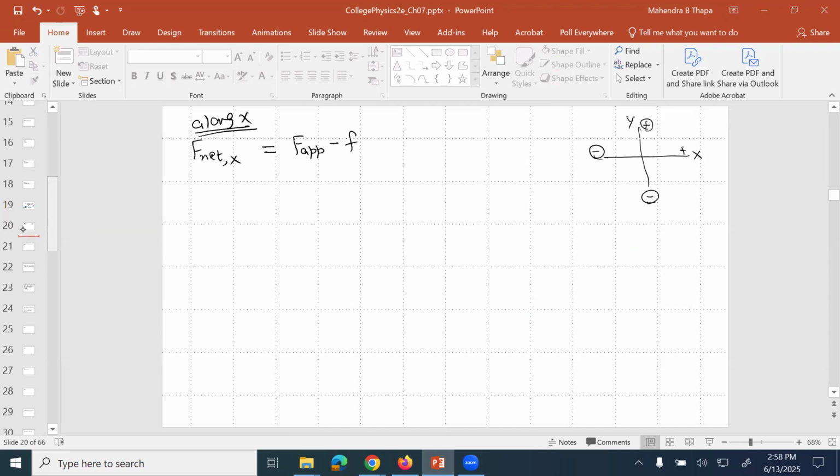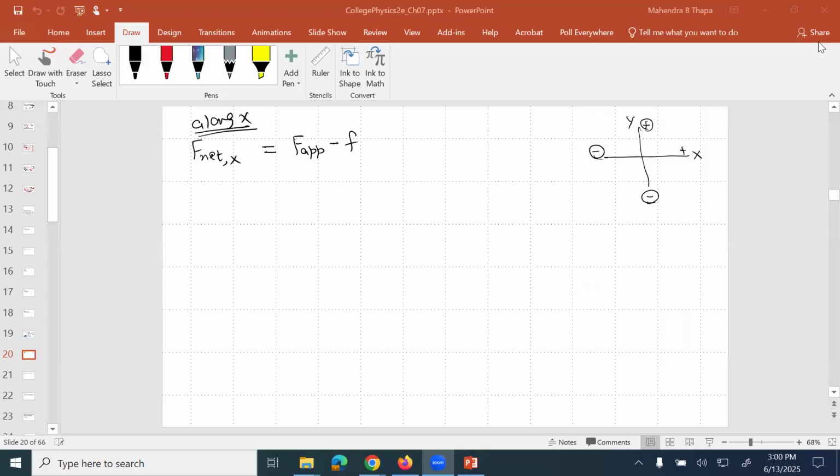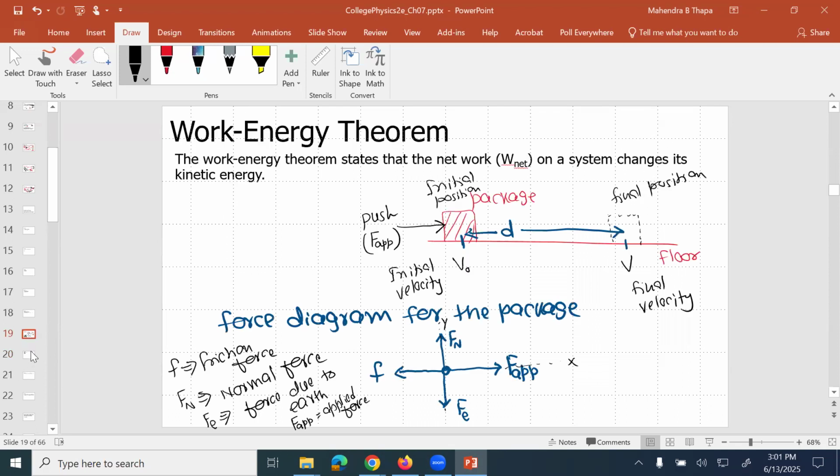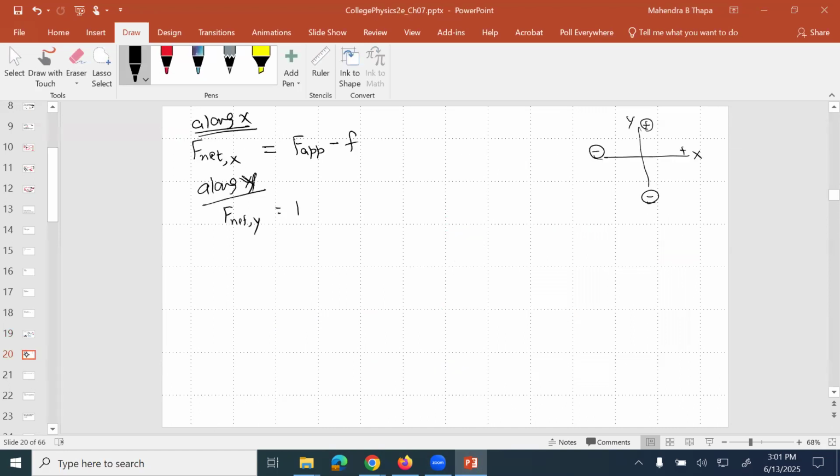Similarly, along the y-axis, the net force equals Fn minus Fe, or Fg.